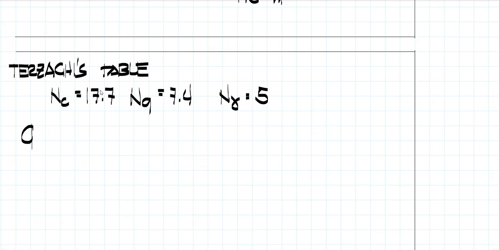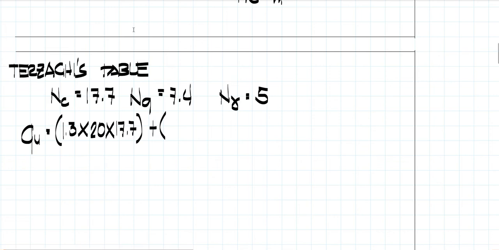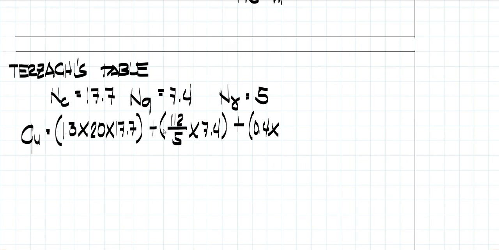So that will be qu is equal to 1.3 times yung cohesion natin, which is 20, times the Nc, which is 17.7, plus the q na na-compute natin kanina, which is 112/5, times yung Nq natin, which is 7.4, plus 0.4 times yung gamma na na-compute natin, which is 2,119/175, times yung B natin, which is 3.5, times yung N gamma natin, which is 5.